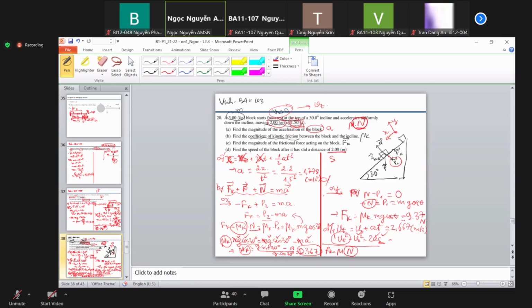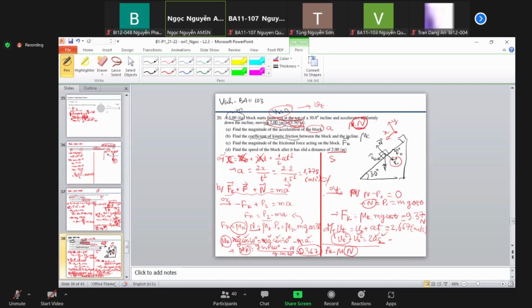The magnitude is equal to mu multiplied by n. If it's moving, the mu here should be mu k, kinetic friction. And if the object is at rest, it should be mu s. Mu k and mu s are different from each other.